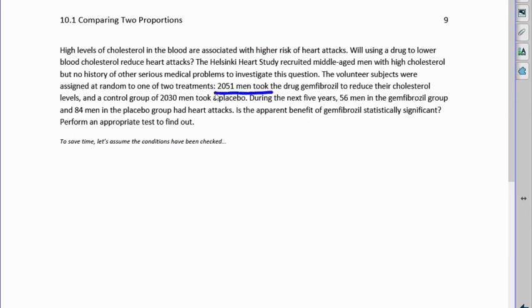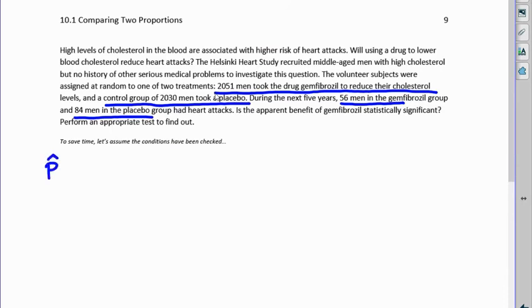They have the men who took the drug that's supposed to reduce their cholesterol, and they had a control group of 2,030 men who took a placebo. During the next 5 years, 56 men had heart attacks in the drug group and 84 in the placebo group. So we're wondering if this is statistically significant.